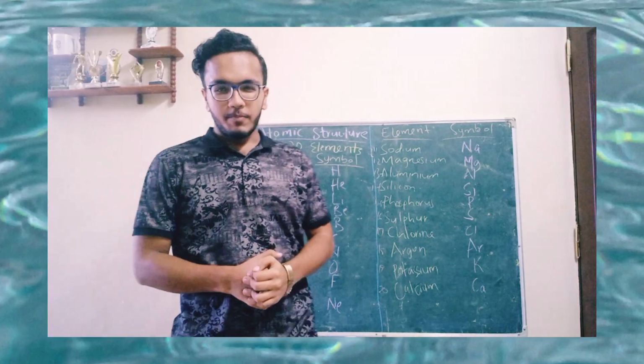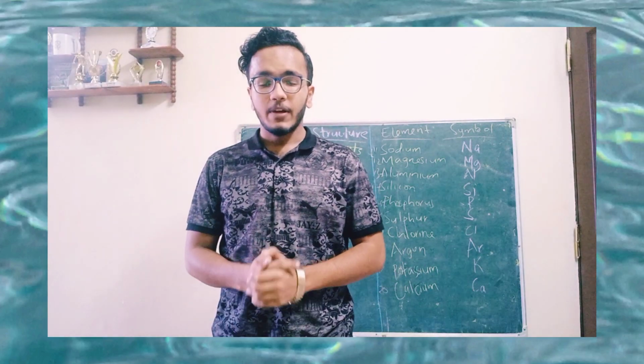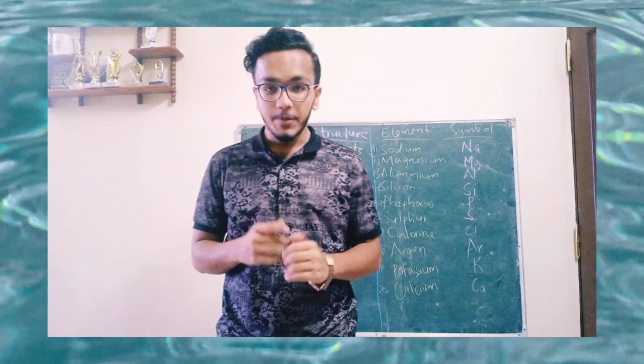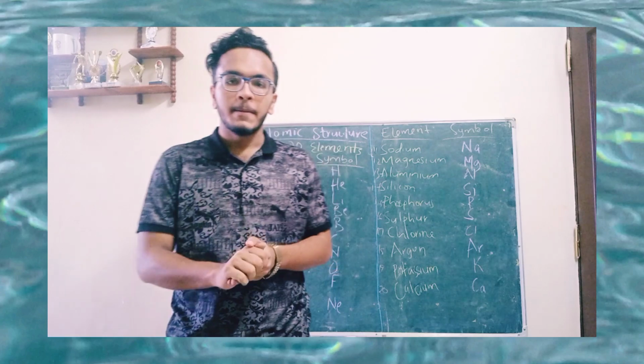Now the next subtopic is the first 20 elements. As we explained, what is an element? An element is a pure substance that cannot be split into simpler substances by any chemical means, which means it cannot change by chemical means. So in chemistry we have the first 20 elements in high school, which we will deal with until the end of the syllabus.